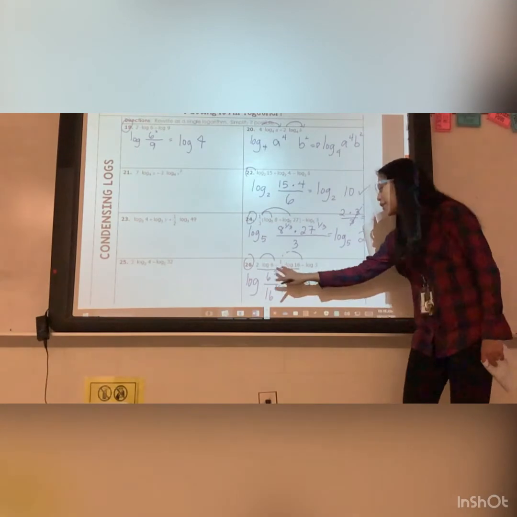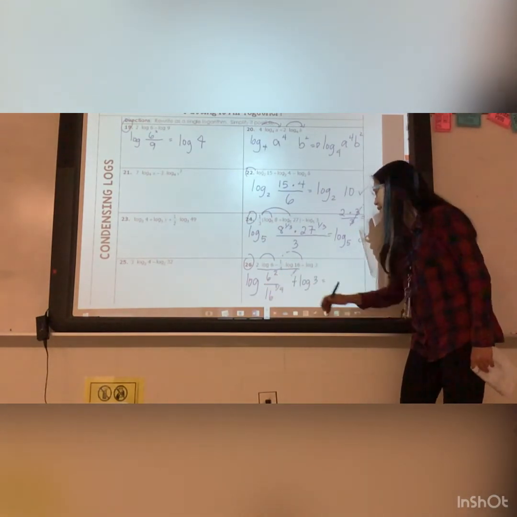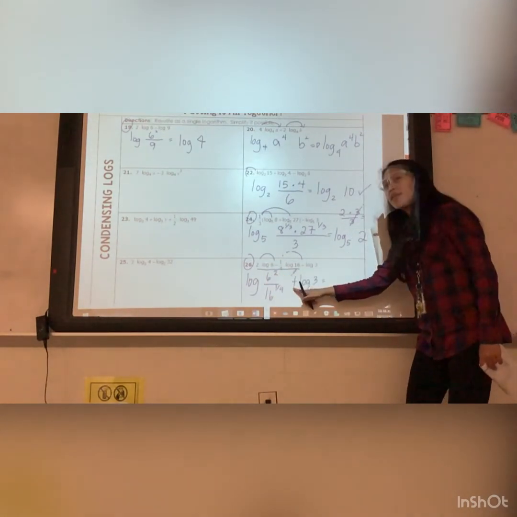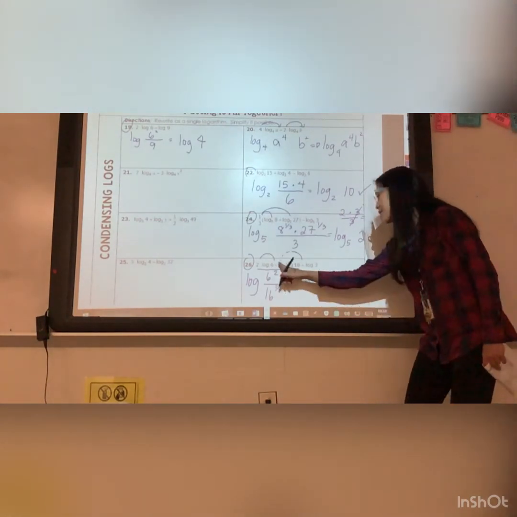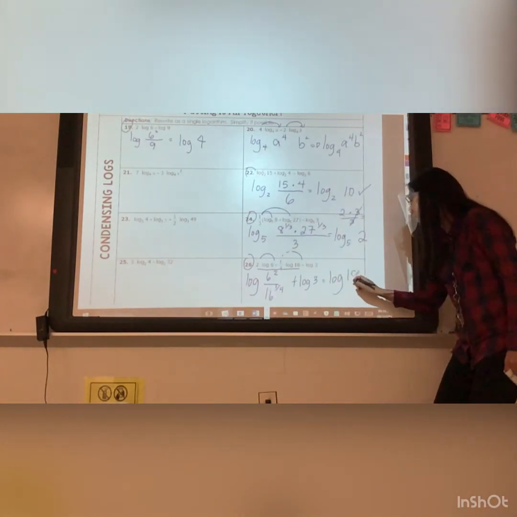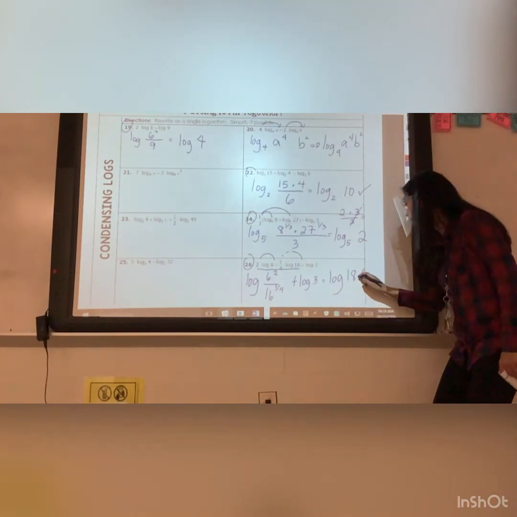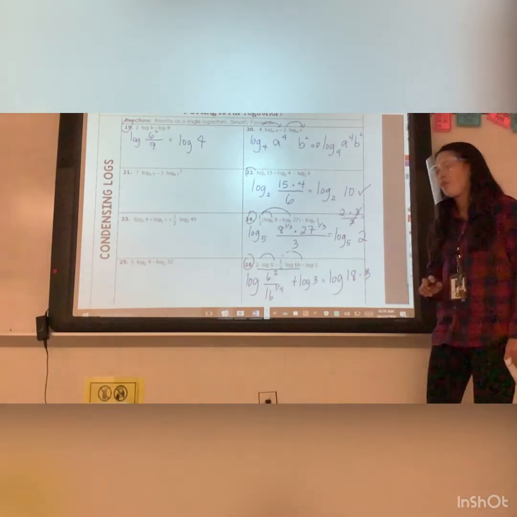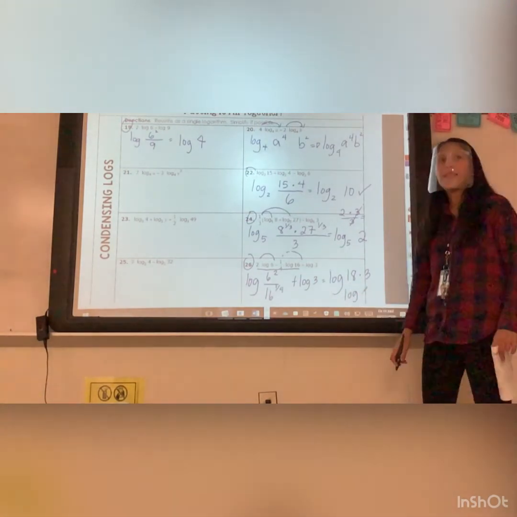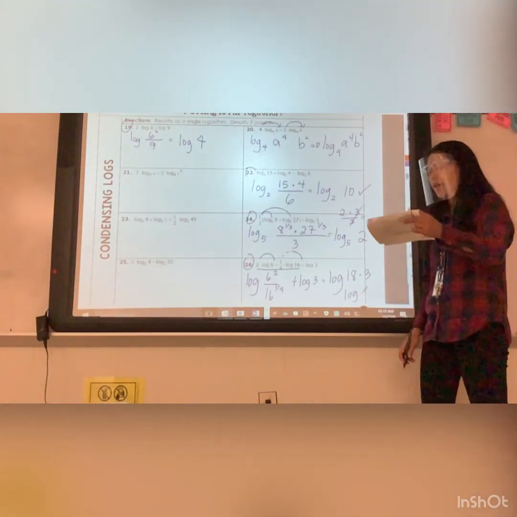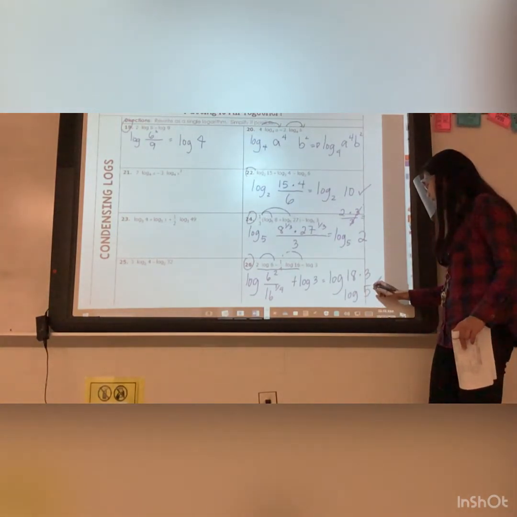So the whole part of the answer here is 18. It is to be multiplied by 3. Multiply it by 3. Answer please. 18 times 3 is 54. That's it. So the final answer is 54.